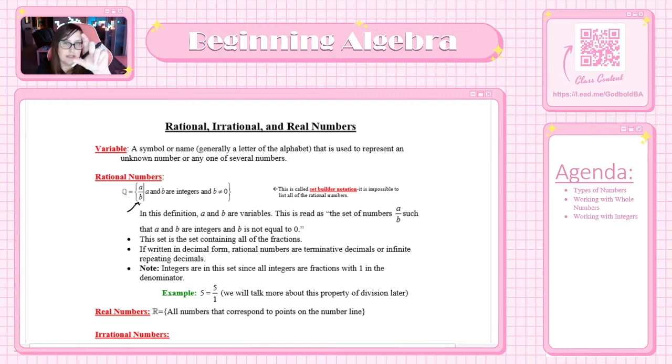So it's the set of numbers a over b such that a and b are integers and b is not equal to 0. Essentially, all that's saying is all numbers that can be written as a fraction.